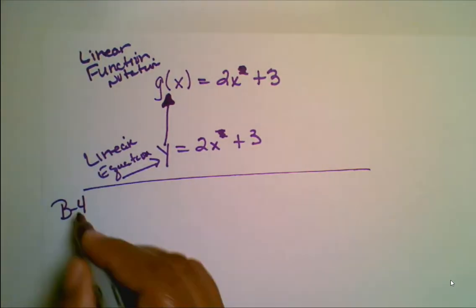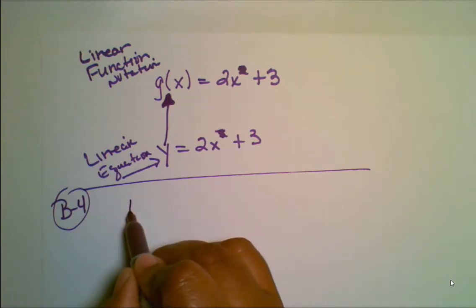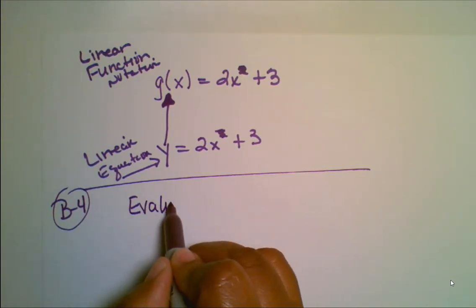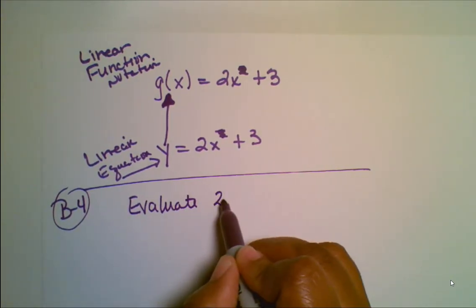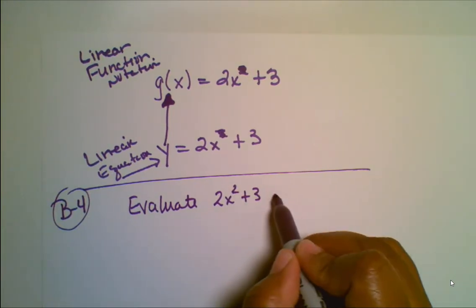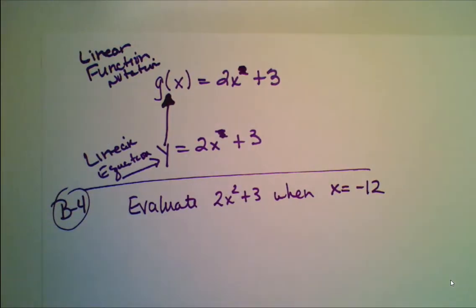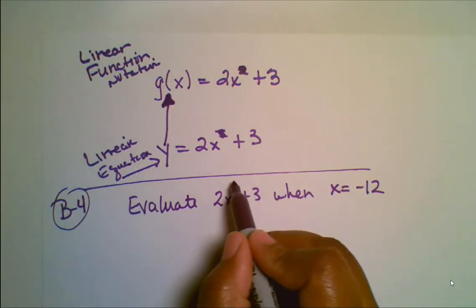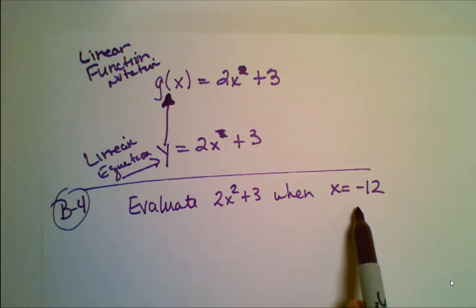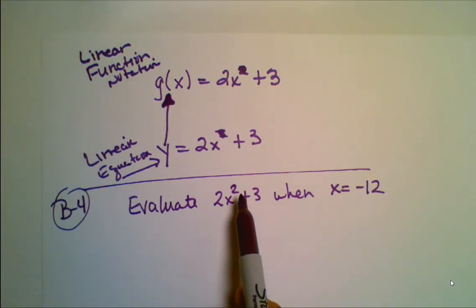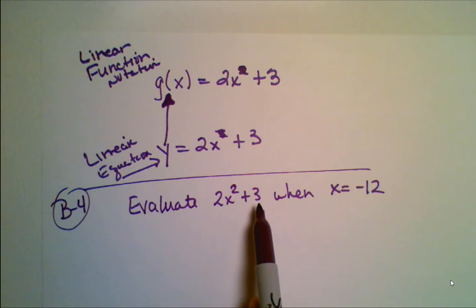What this is saying is what you had before, we're just changing the setup a little bit. Before, you had something like: evaluate 2x squared plus 3 when x is equal to negative 12. So what you would do is substitute negative 12 in for x, then square it, then times 2, then add 3.